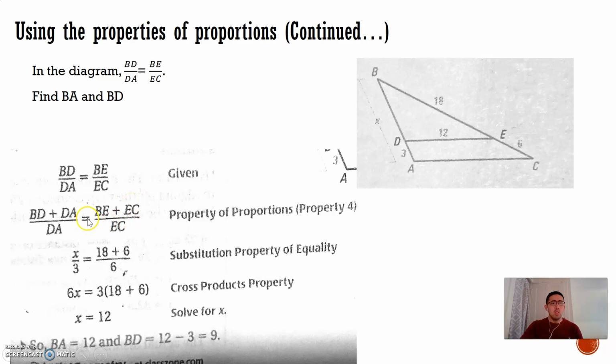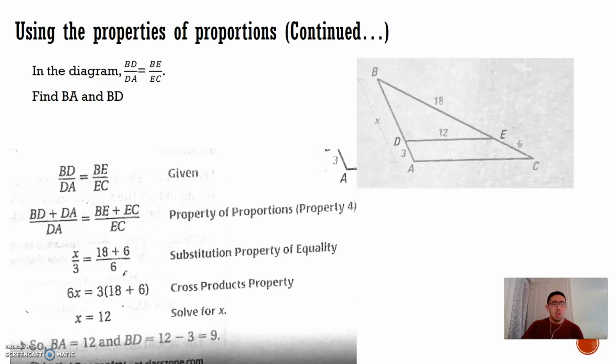And it's really interesting, right? They go 18 plus 6, and this is x over 3. 18 plus 6 to 6 is equal to x over 3. Then what you do is you cross multiply. Cross products. You get 6x is equal to 3 times 18 plus 6.